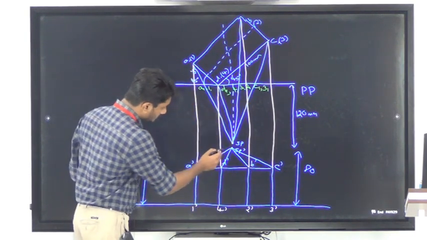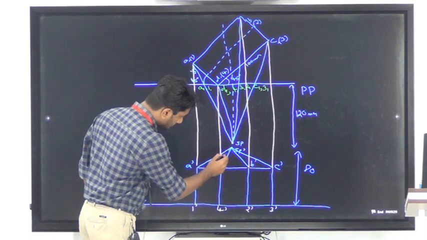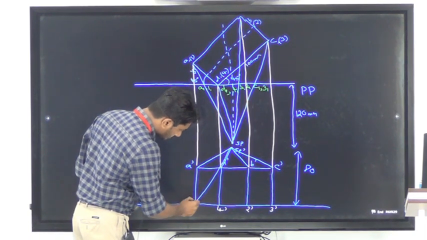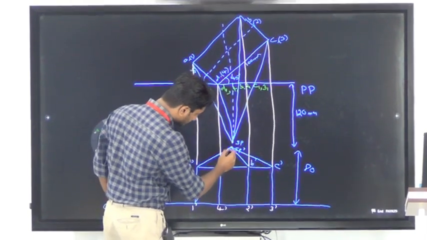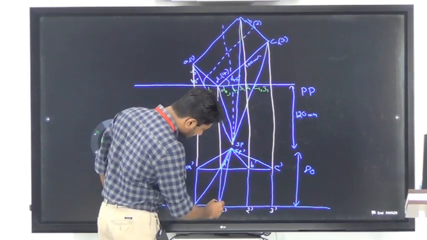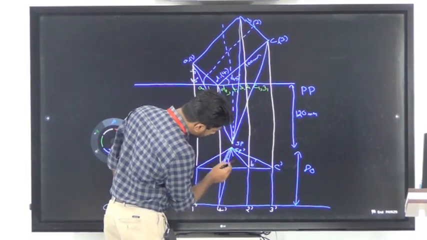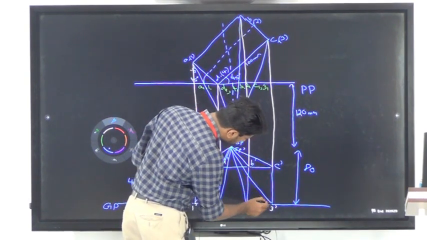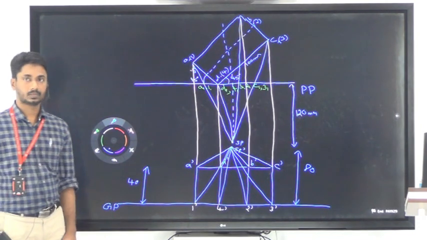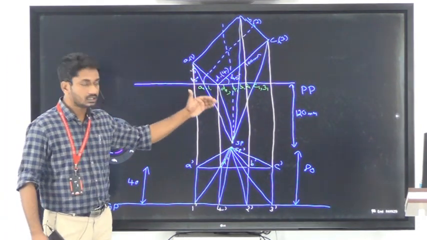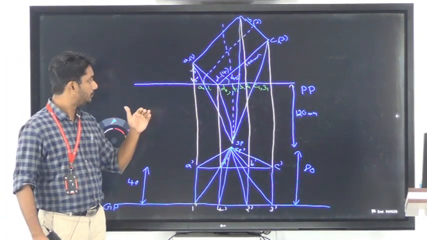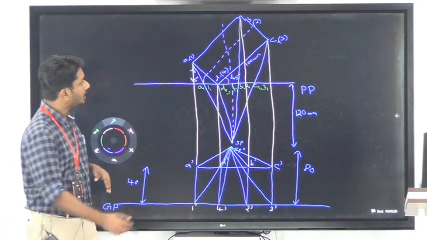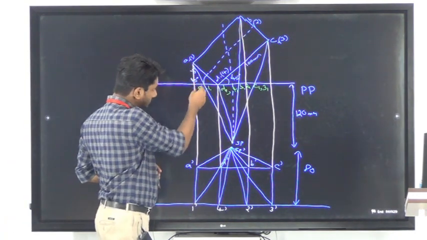Similarly, I am joining the points SP dash with 1 dash, then 4 dash, then 2 dash, and last one 3 dash.